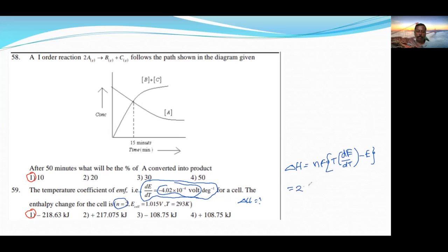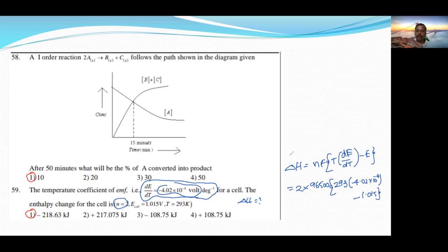So n value will be 2 and F value is how much? 96500. Okay, and temperature is how much? 293 Kelvin. Temperature is given as 293 Kelvin and dE by dT is given as minus 4.02 into 10 to the power of minus 4. Minus E cell is given as 1.015.